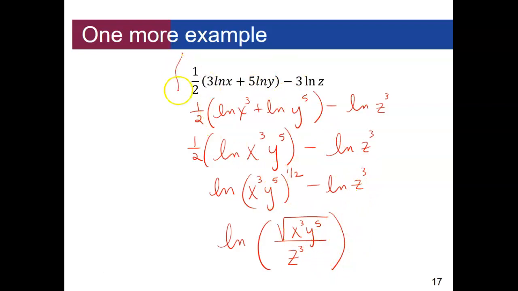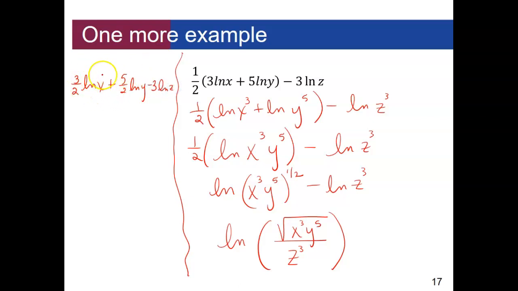I do want to come over to the side over here and do a second approach. The second approach would be to distribute the 1/2 through. So this would be equivalent to 3/2 ln of x plus 5/2 ln of y minus, sorry, I'm running out of room, 3 ln of z.